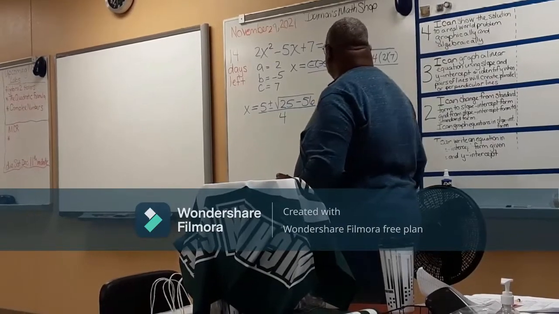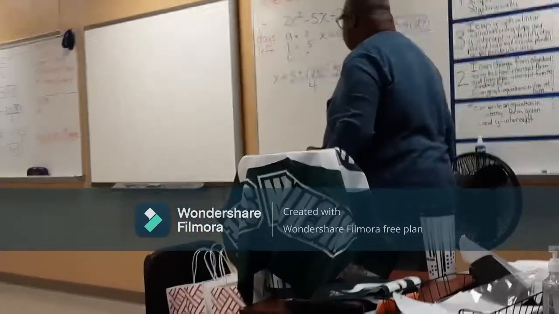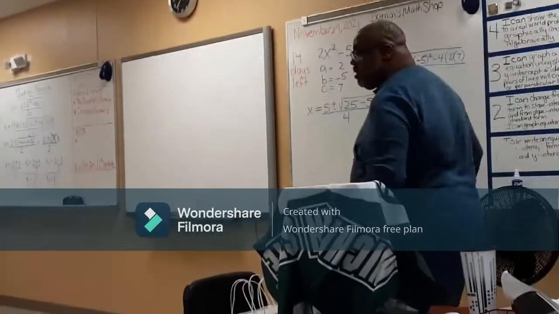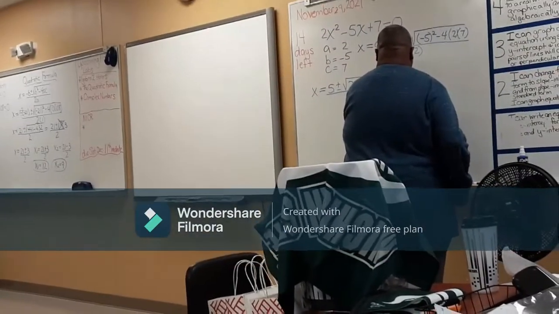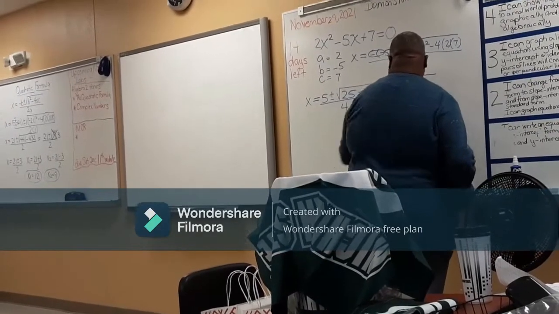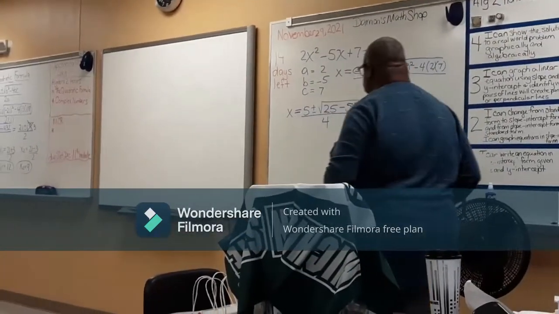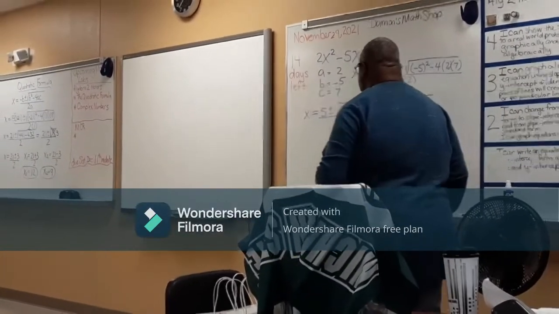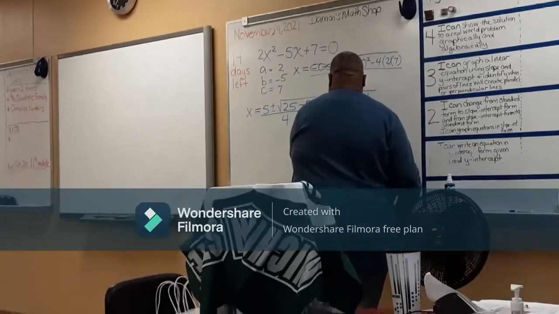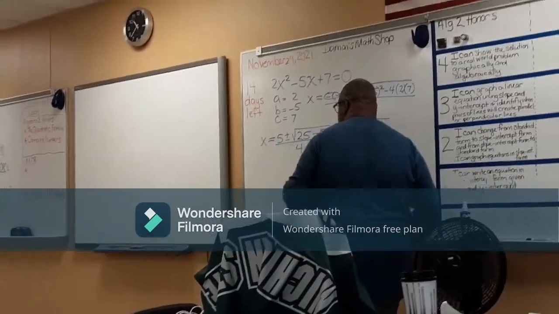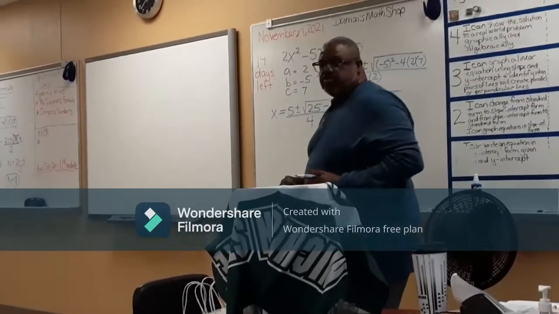So, we subtract. 5 plus minus square root of, I believe that is -31, over 4.